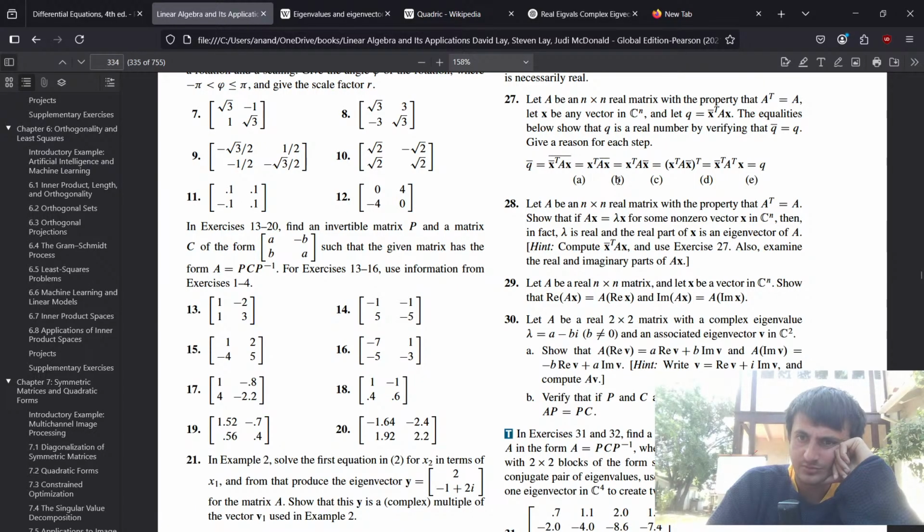Then this equality, what's changing? A is real, so it's equal to its conjugate, so that one's easy. Then this one, that one's interesting.